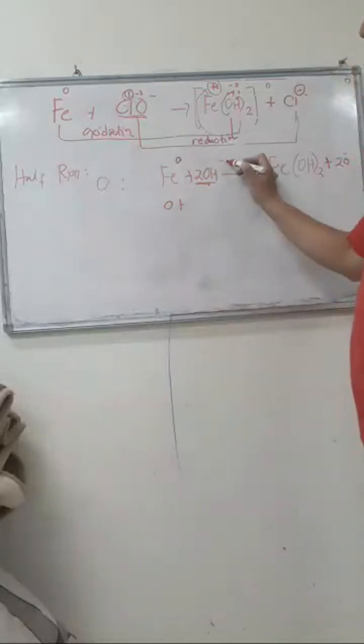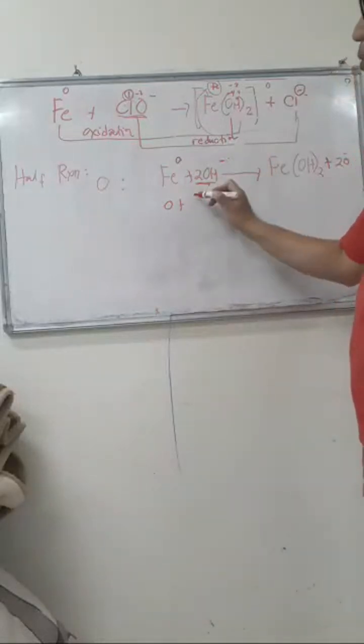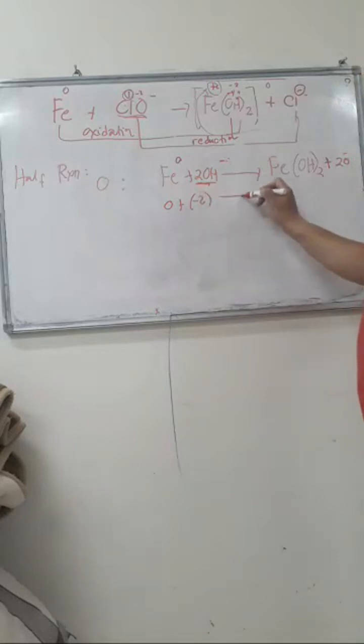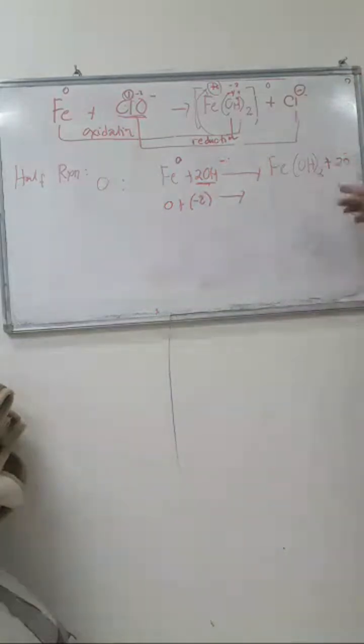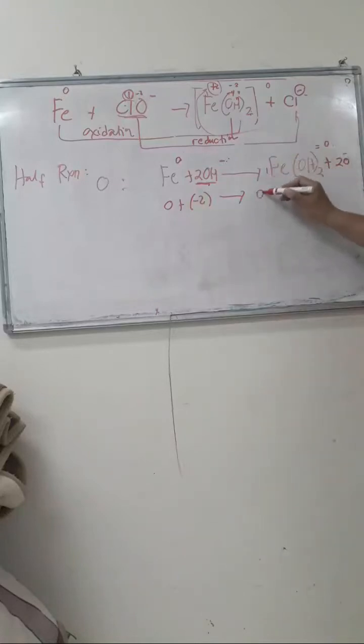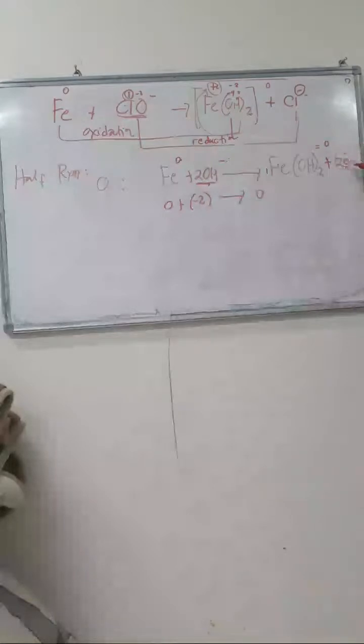Plus, OH is negative 1; negative 1 times 2 is negative 2, equal to... Now, as I told you, all compounds that have no net charge are neutral compounds. The oxidation state and oxidation number is always equal to 0. The net is equal to 0. So 0 times 1 is 0. Now here, we have 2 electrons.